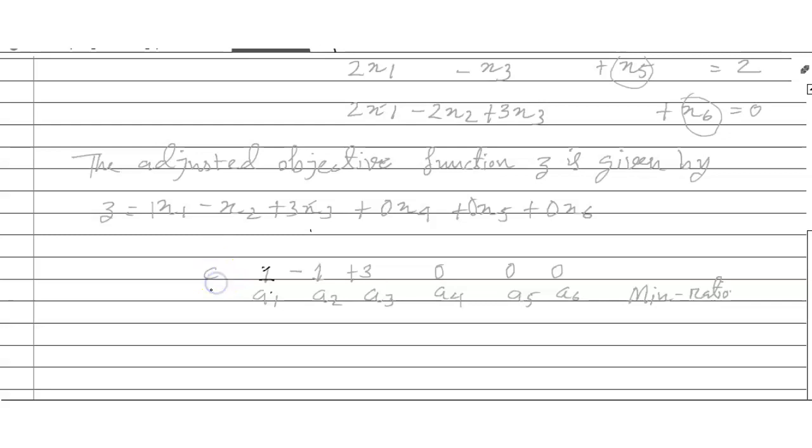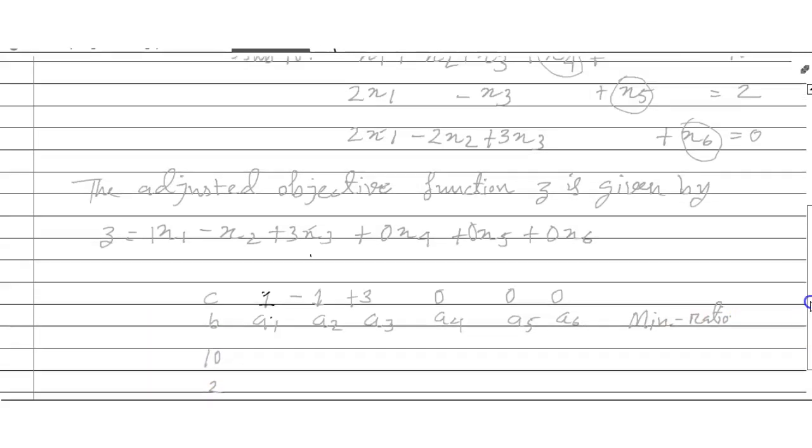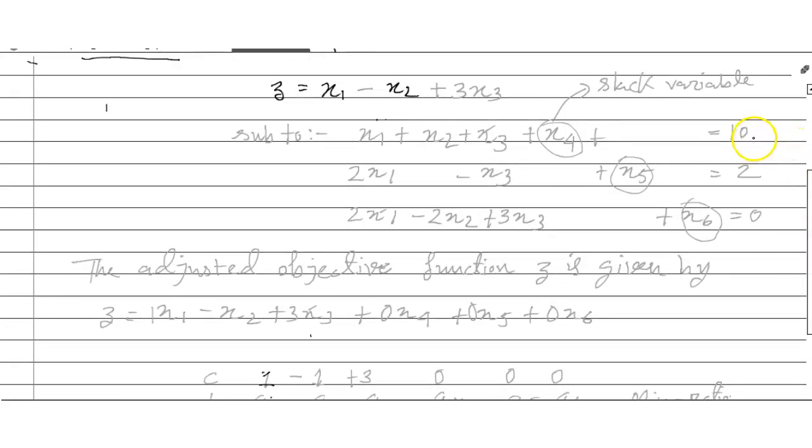This is C, this is B, the objective function column B is 10, 2, 0.